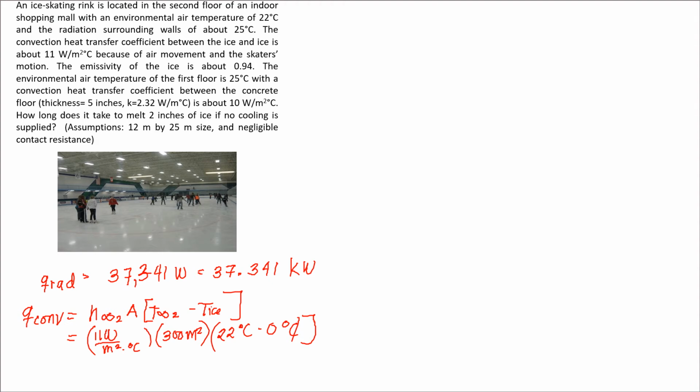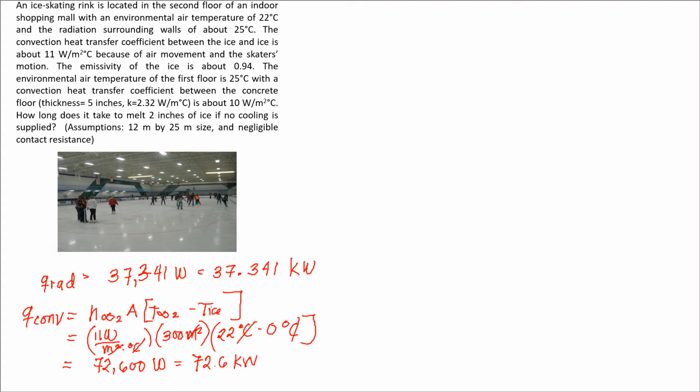So we have to cancel out the degrees Celsius, also the area, meter squared. So we are given 72,600 watts or 72.6 kilowatts.